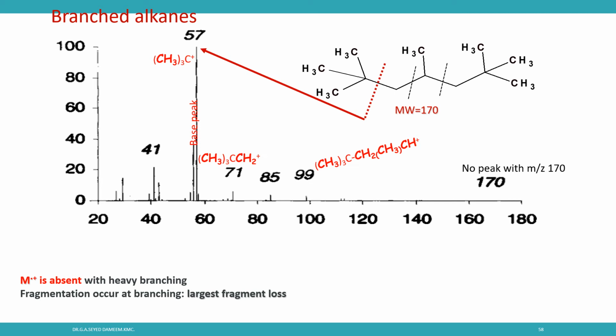There is no molecular ion peak for this compound due to heavy branching: after formation, the molecular ion is completely fragmented to daughter ions. This compound gives the base peak at m/z 57 due to formation of the tertiary butyl cation, and the fragmentation is also given in this slide.